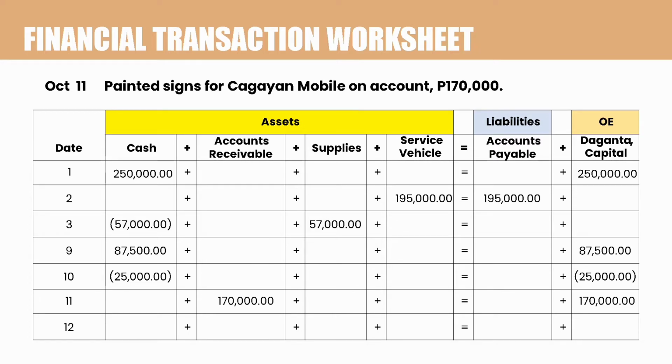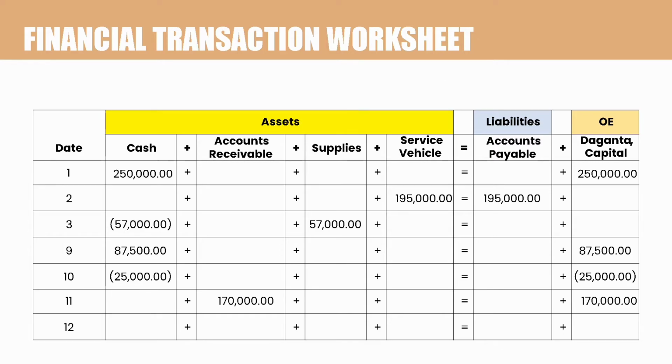So, ito ay service revenue din. So, yun ay considered din under ng owner's equity. Then, on account siya. So, hindi pa tayo binayaran agad for that service na nirender natin. So, siya ay nasa accounts receivable.